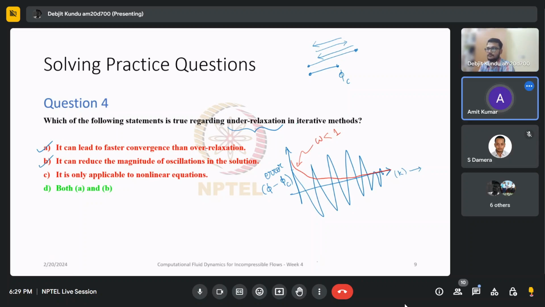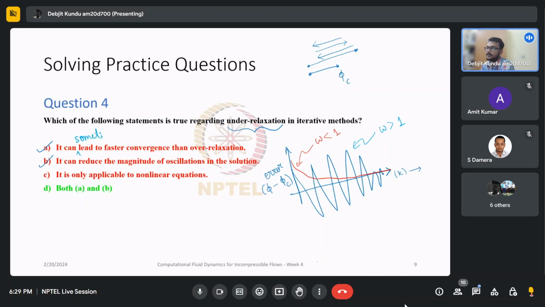Sir, I have a doubt. You said previously that over relaxation means you are taking longer steps. So under relaxation is actually taking smaller steps. How would that lead to faster convergence actually? Yeah, so I mentioned, it can sometimes lead to faster convergence.